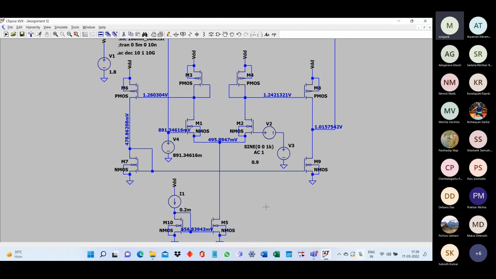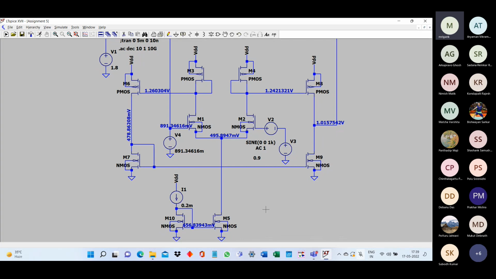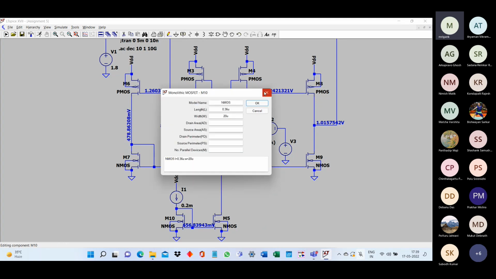Now, in order to increase the gain, we have increased the channel length of these 4 transistors. That means the RO of the output stage has gone up, which should boost the gain to some extent. Whatever is the length, the root of it will go up. So right now we are expecting maybe just 3 dB, since you have increased L only by root 2.